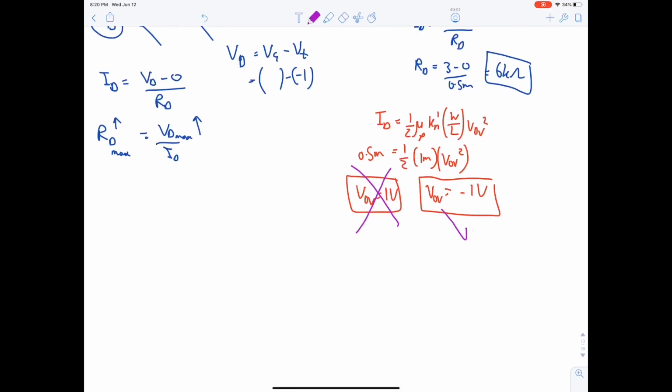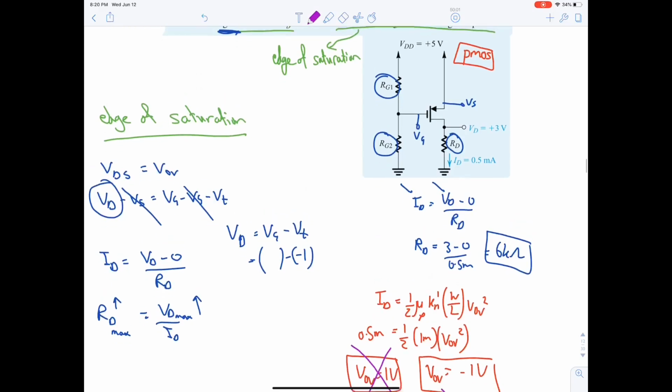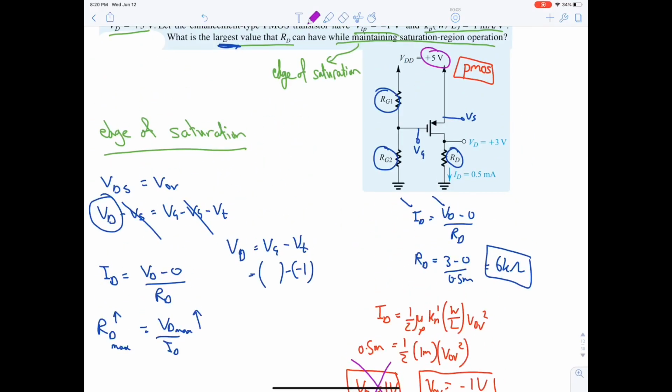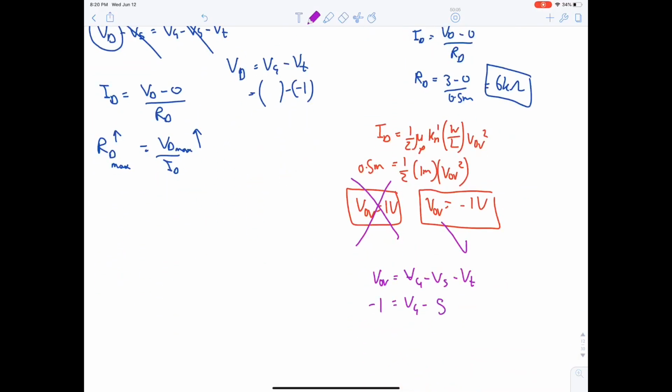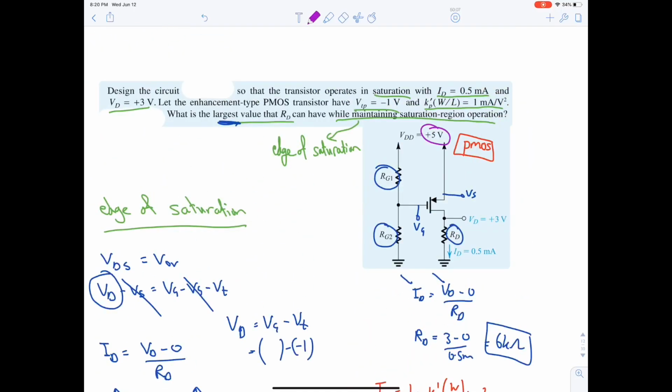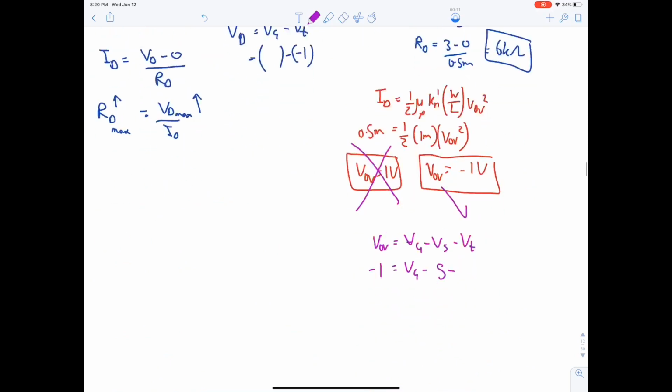If VOV is minus 1, which is VG minus VS minus VT, minus 1. VG is unknown, VS is 5 here, and VT is minus 1. So VG is equal to 3 volt.